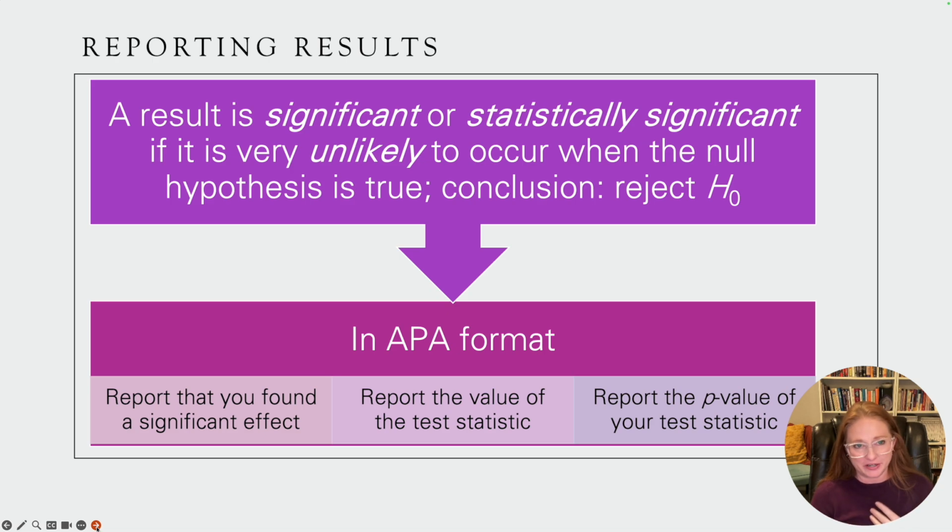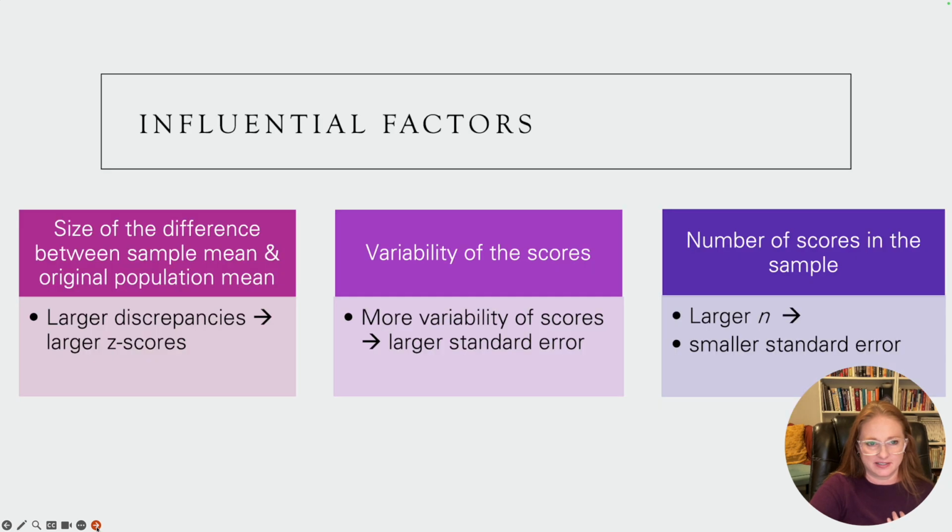You would also report it if you fail to reject the null hypothesis, or you would say the result is insignificant or not statistically significant. And you would also say conclusion, I fail to reject the null hypothesis. Okay. You report any significant effect you find, you report the value of the test statistic, and you also report the p-value of your test statistic.